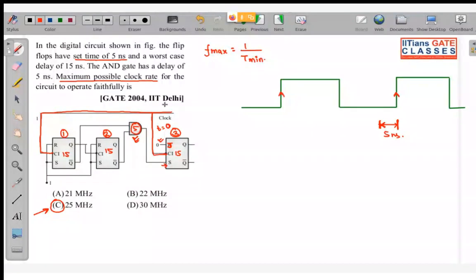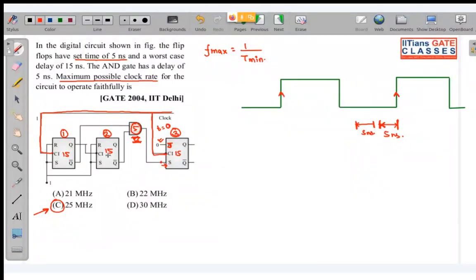So for calculation of worst case, if I assume that this AND gate is also suffering from delay, that means we will be getting this input 5 nanosecond more later. So this will be 5 more nanosecond.